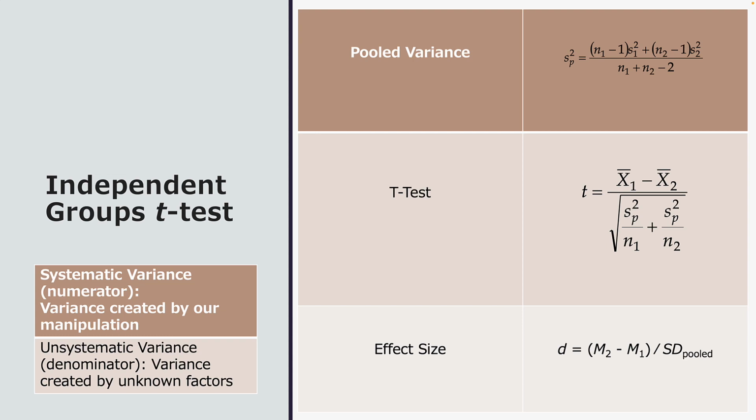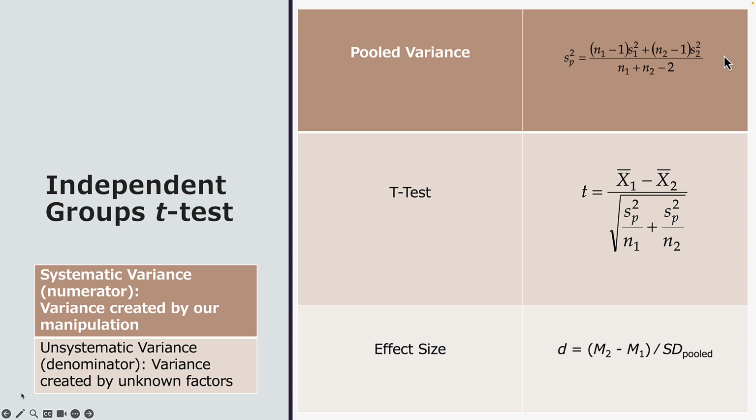So the first step before jumping right to the t-test is you have to combine the variances generated from both groups. And the way that you do that is with the pooled variance formula. So remember, S squared, variance, is in squared units of the metric. This is representing pooled variance, not pooled standard deviation.